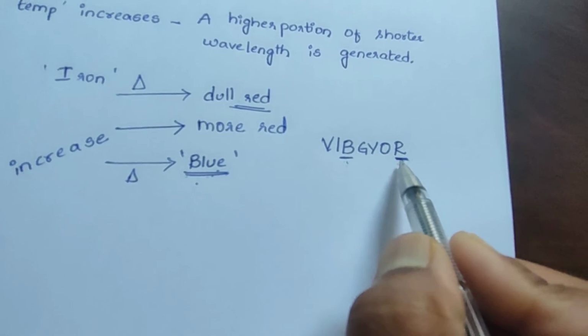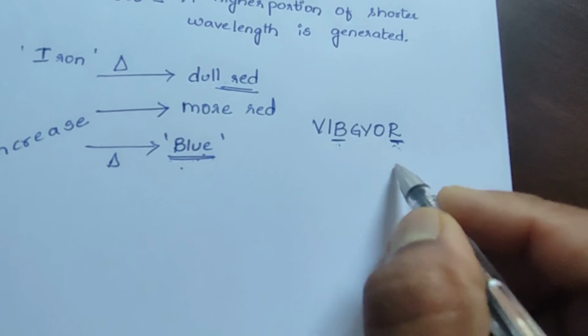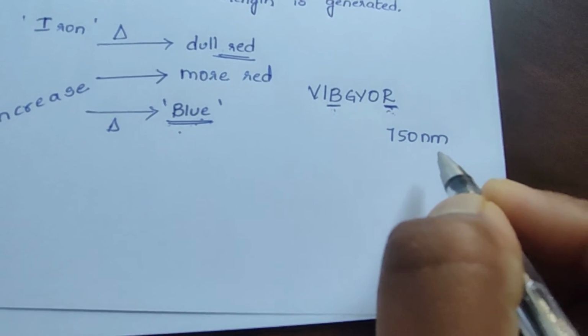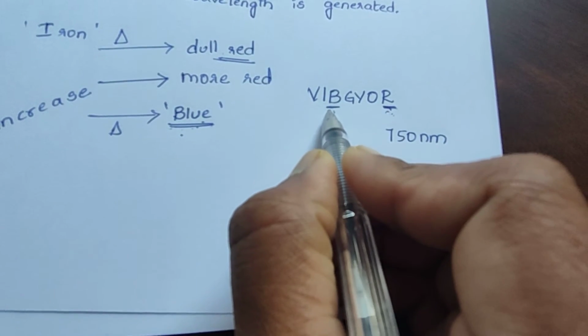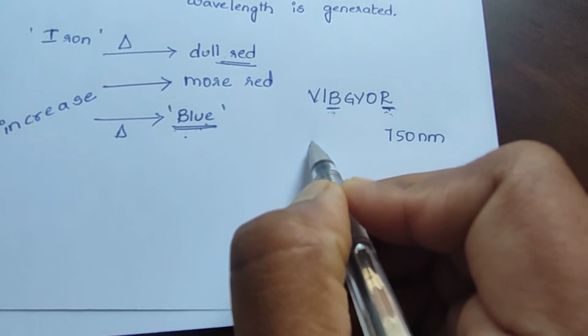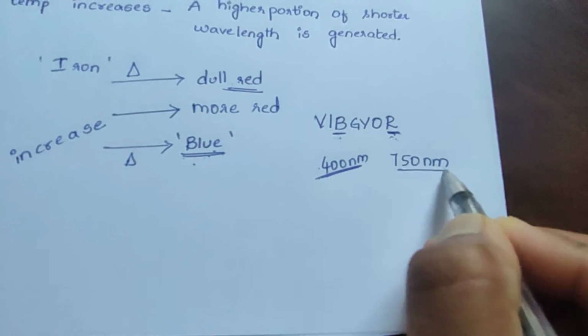The wavelength of red light is around 750 nanometers, and the wavelength of blue light is around 400 nanometers.